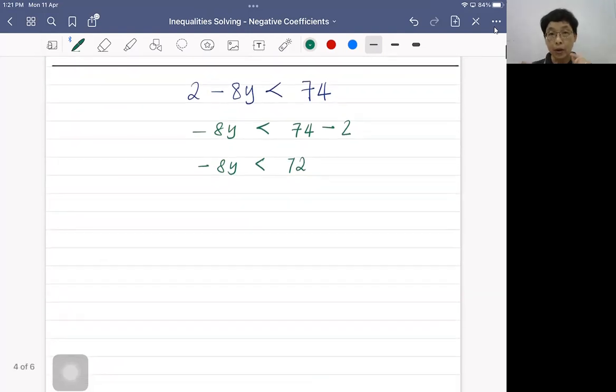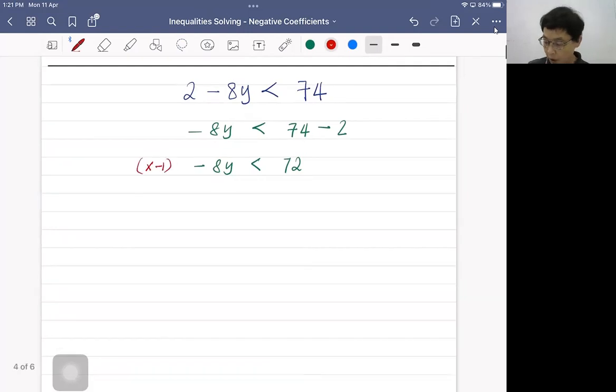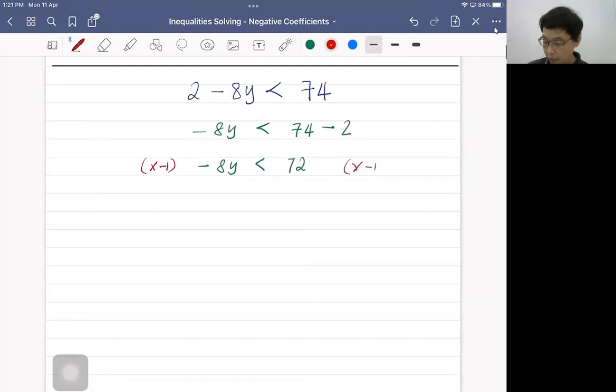Here is the part where we need to divide by 8 on both sides, or we can multiply. I've demonstrated with dividing, so why not illustrate with multiplying by negative? If I were to multiply by negative here and also multiply by negative here, I want you to see that we actually flip the sign in order to maintain the correct statement.